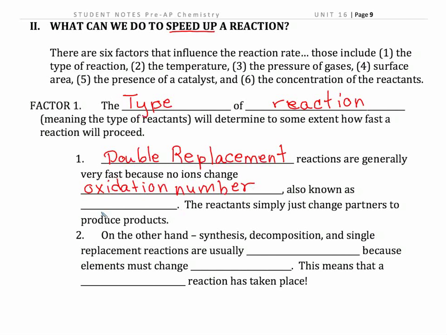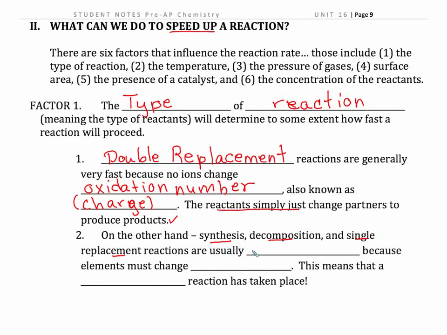And for an ion, the oxidation number is the same as the charge. That's not true overall, oxidation number is bigger than that, but for what we'll be looking at, we'll focus on things that are charged and ionic. All that happens is the reactants change partners to produce the products.